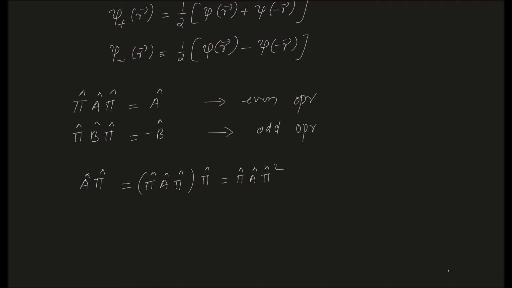We have seen that pi squared will give us 1, so this will be pi A. In other words, A pi is same as pi A, or A pi minus pi A, which is the commutator between A and the parity operator, is 0.